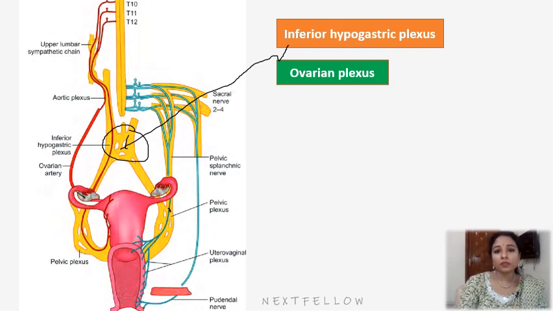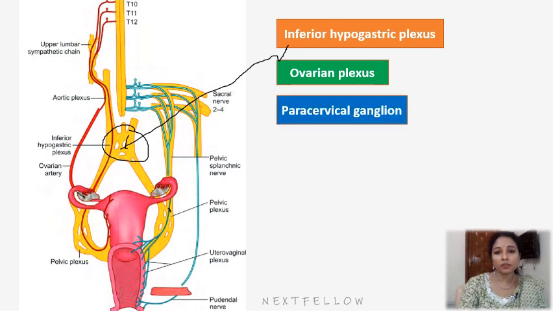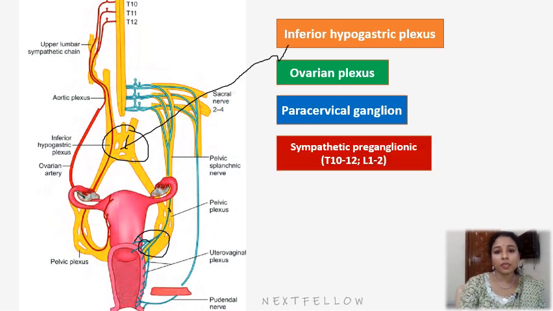The nerve to the cervix is from the plexus that contains a small paracervical ganglion. They are present on each side of the cervix, so they are called the paracervical ganglia. Sympathetic preganglionic fibers are derived from T10 to T12 and L1 to L2.